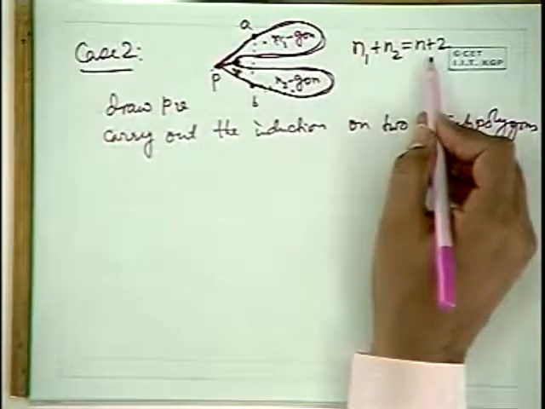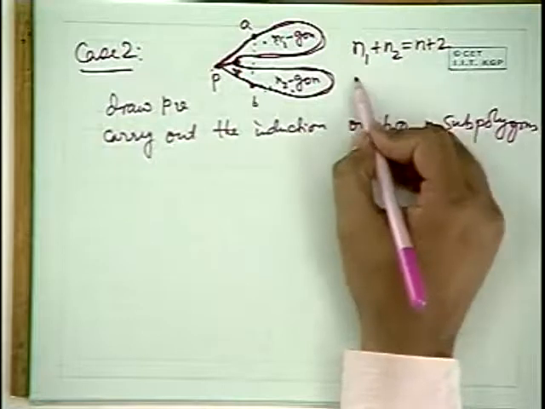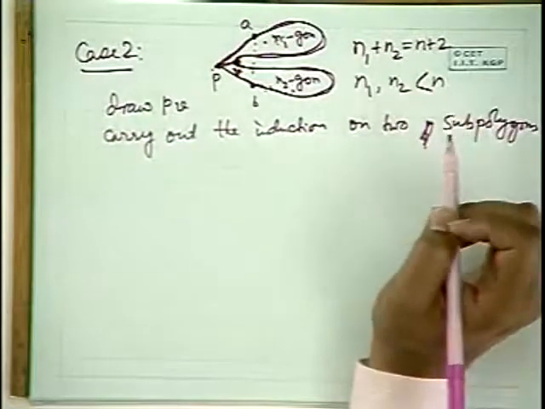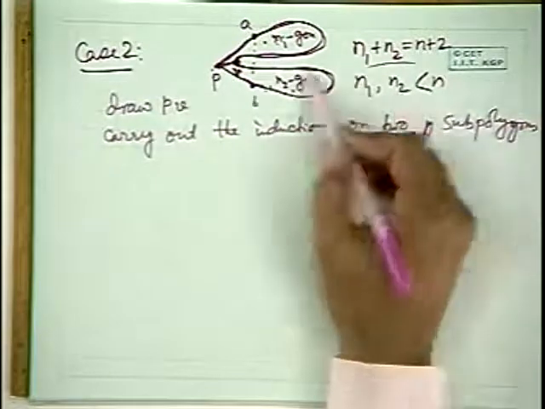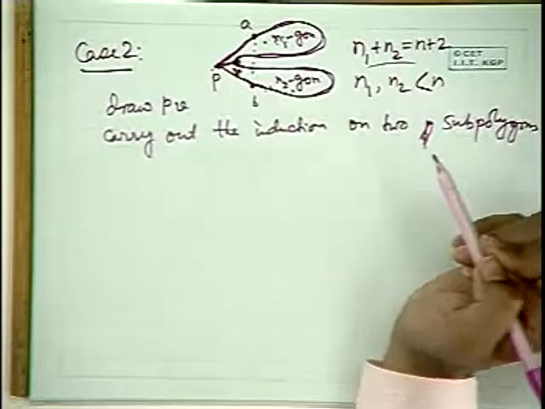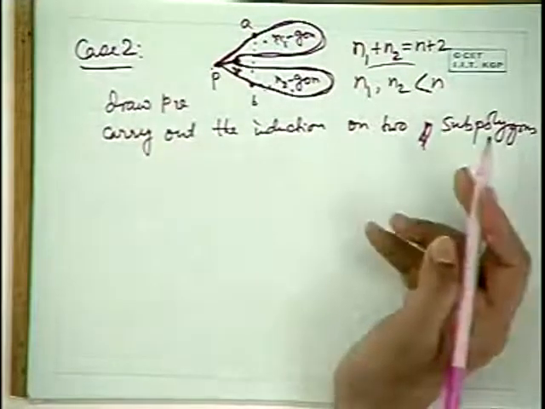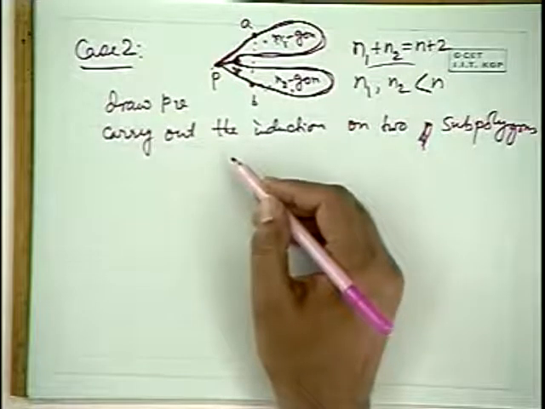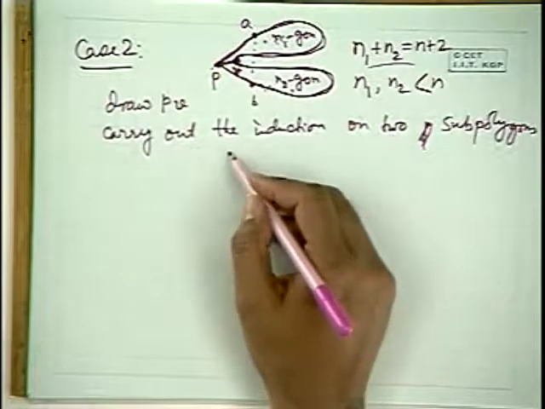So this is N plus 2. And we also know that N1 and N2 both are less than N, strictly. So I can carry out the induction on these two subpolygons. So this proof now says that every polygon, as we said, if it is non-self-intersecting, then we can always triangulate the polygon.